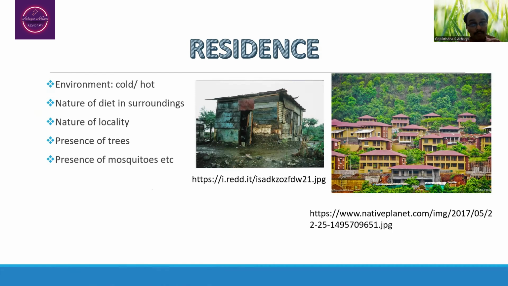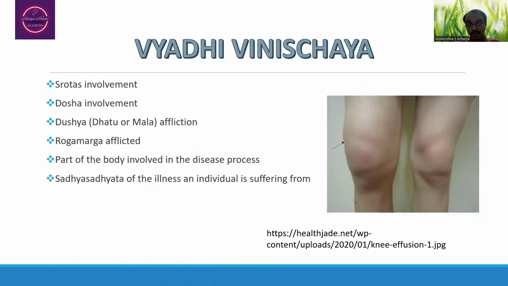For example, if the person visits you with a history of fever related to a hill station, then we may suspect the most common cause could be mosquito-borne infection. In this way, the residence of an individual may be helpful in making the clinical diagnosis.